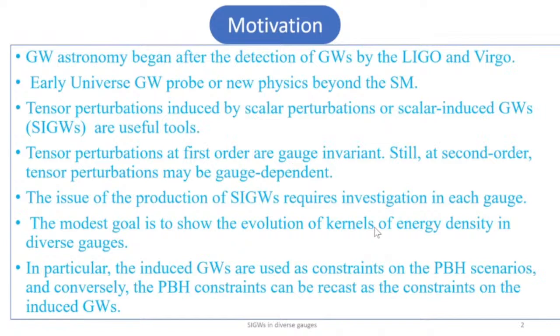The issue of the production of scalar induced gravitational waves is investigated in each gauge. The main goal is to show the evolution of the energy density in diverse gauges. In particular, induced gravitational waves are used to constrain the PBH scenario, and conversely, the PBH, primordial black hole, constraints can be recast as constraints on the induced gravitational waves.